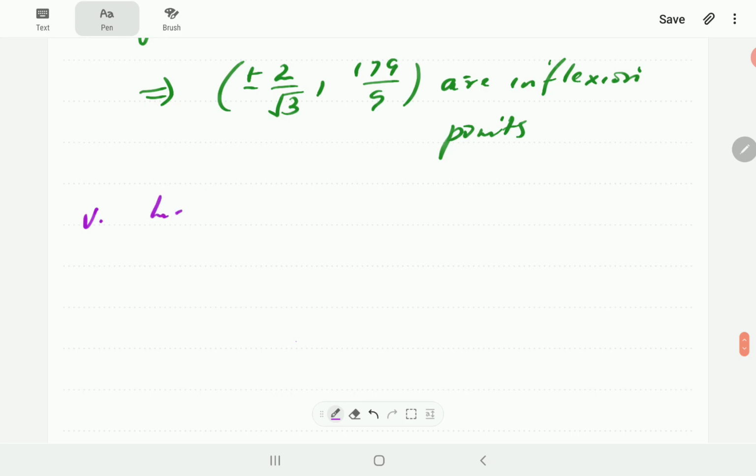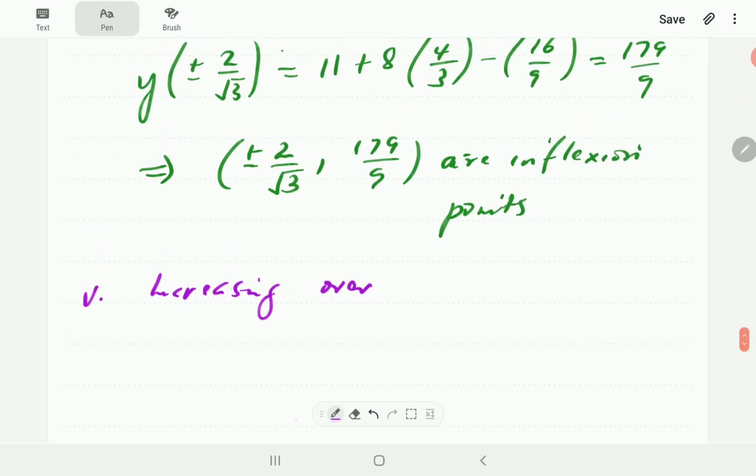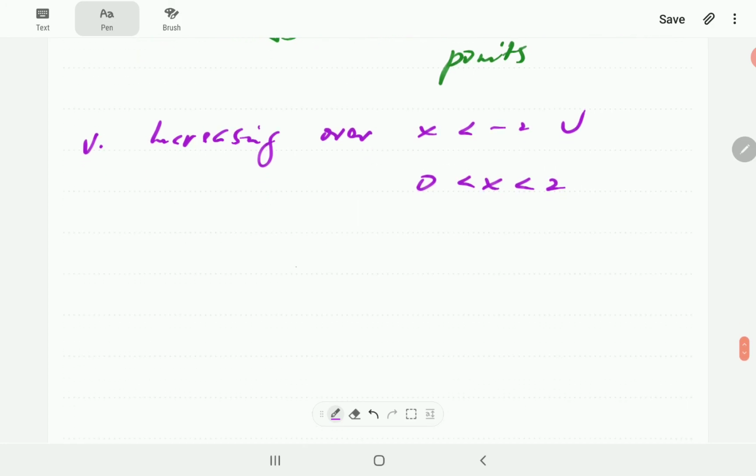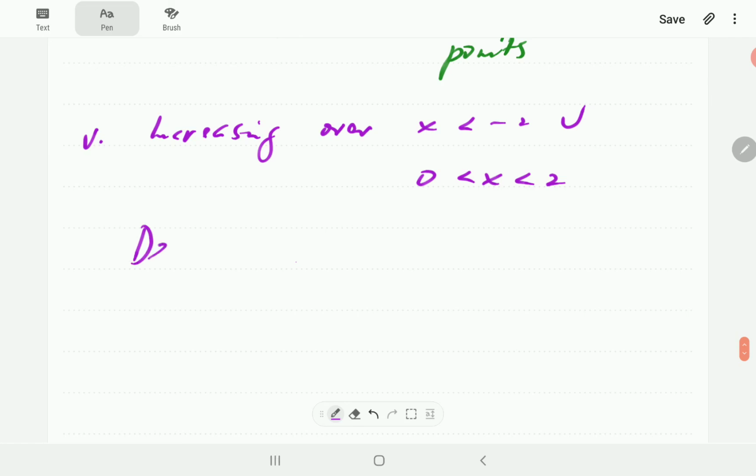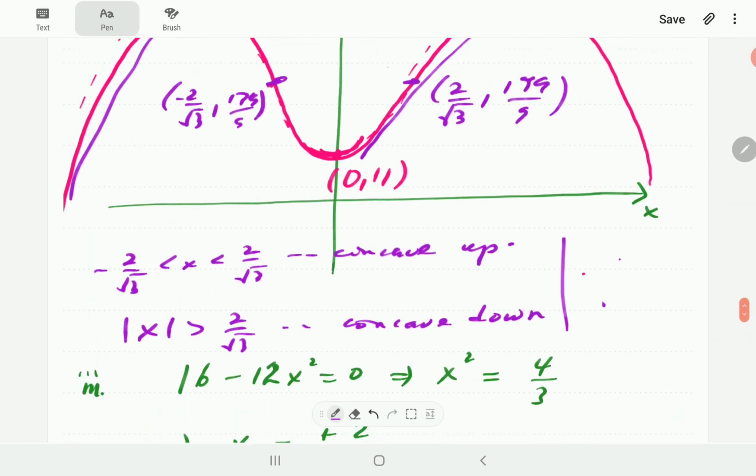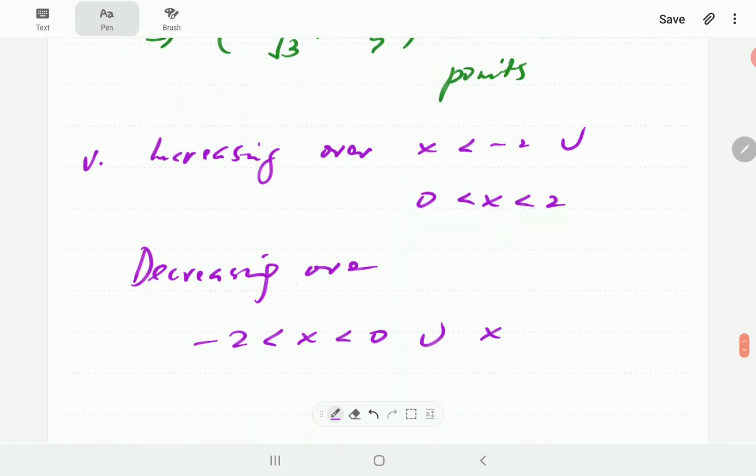So we can say the graph is increasing over x less than -2, union between 0 and 2, and then the graph is decreasing over between -2 and 0, and then on the right hand side of 2, so x bigger than 2.